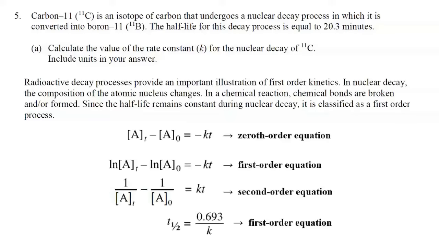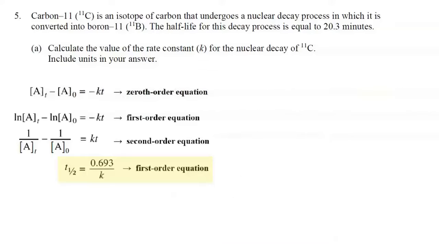So the equation that we're going to use to calculate the rate constant, since we already know the half-life is equal to 20.3 minutes, is this half-life equation, which says half-life is equal to 0.693 divided by the rate constant. Let's rearrange that equation so that the rate constant is equal to 0.693 divided by the half-life.